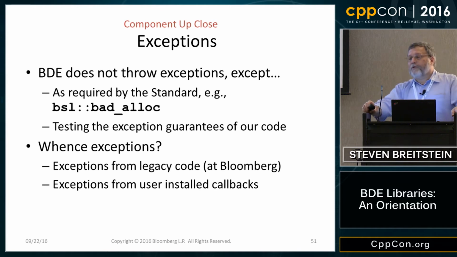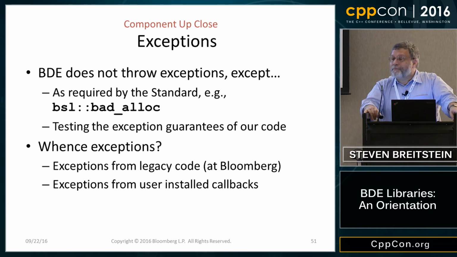BDE code does not throw exceptions. It's not in our programming model, except where it's required by the standard. So we have implementations of containers, and containers are required to throw exceptions at certain times, and so they do, such as bad_alloc from a memory allocator.